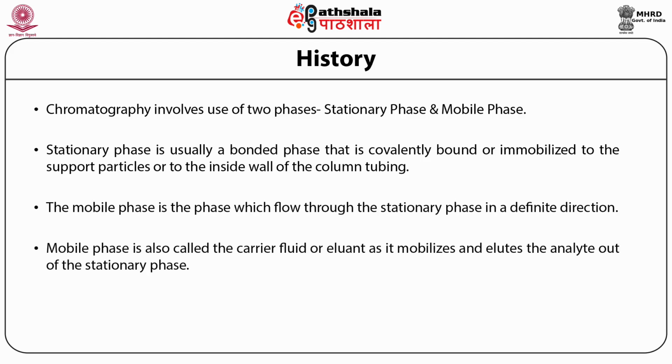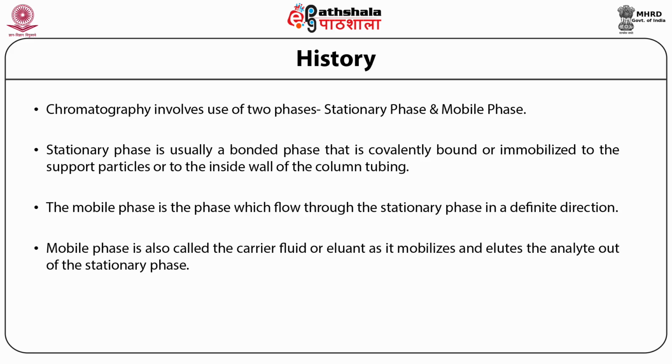The mobile phase is the phase which flows through the stationary phase in a definite direction. The mobile phase may be a liquid, as in liquid chromatography, or a gas, as in gas chromatography, or it can be a supercritical fluid, as in supercritical fluid chromatography.